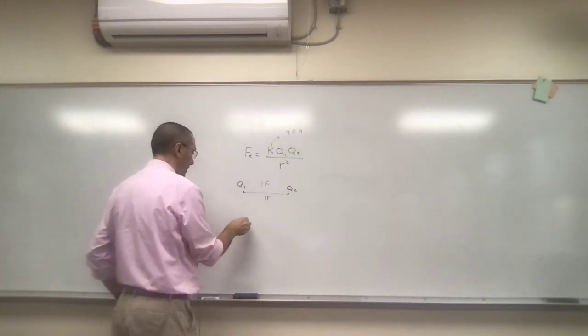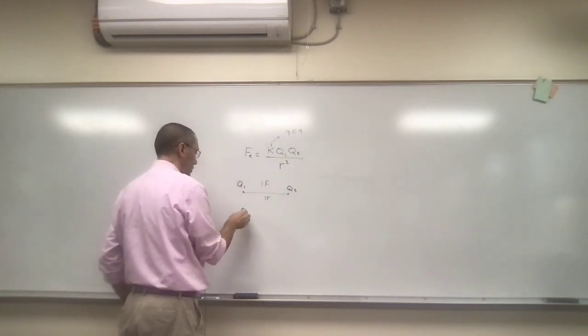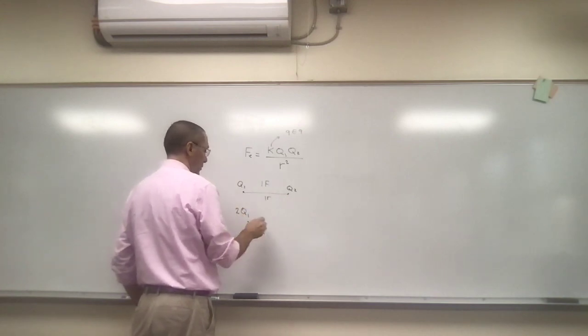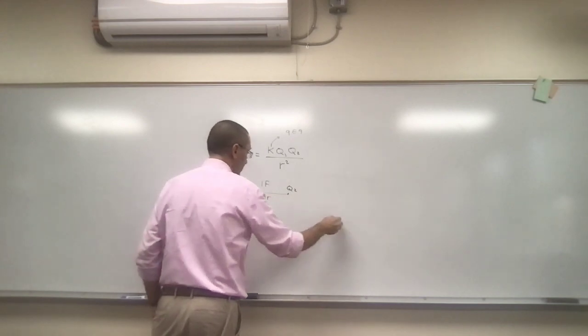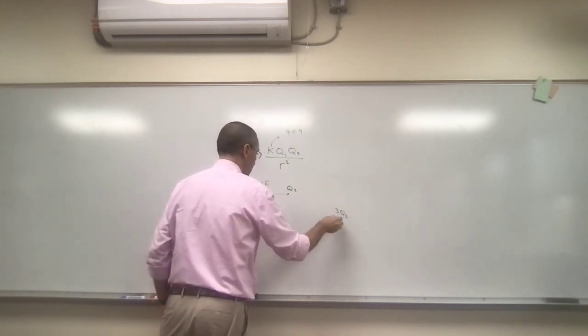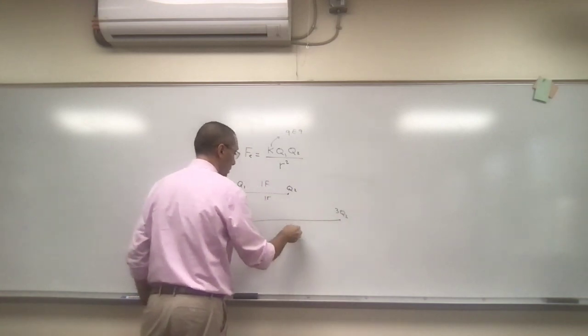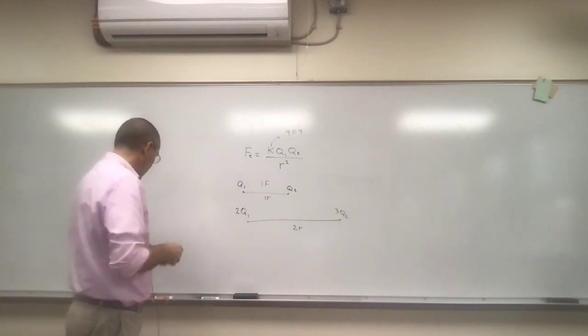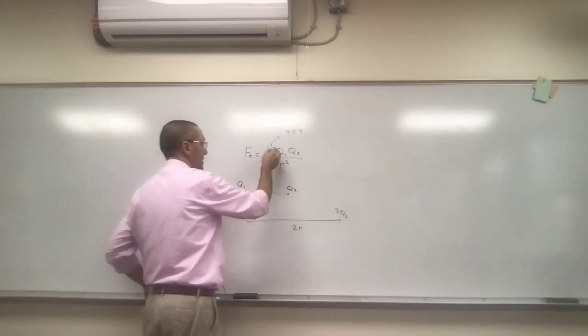Well, what happens if I make this charge twice as much here, and I make this charge maybe 3 times as much, but this time I separate them by a distance of 2R. How does the force here compare to the force I had earlier? Very simple. Anything that's constant gets a 1.